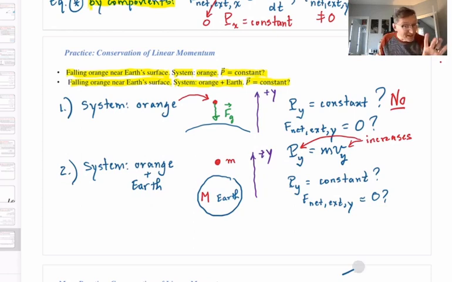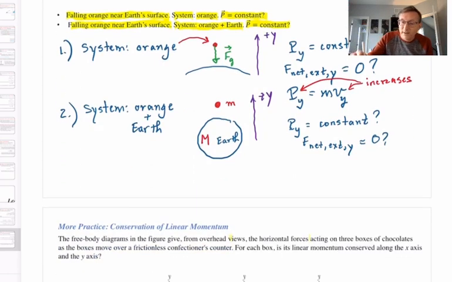And once I clarified that ignore any external influences, I think it's pretty clear that the answer is yes here. F net external y component is 0. There aren't any external forces from anything, so P sub y is constant. So the y momentum of this system can't change. That's a constraint. Let's see what that means.